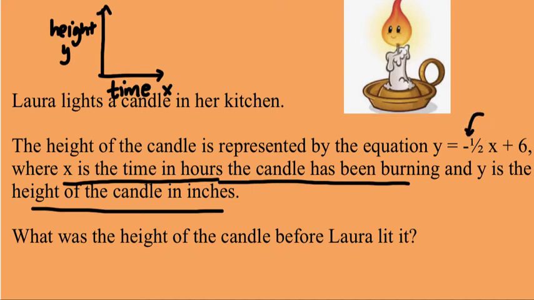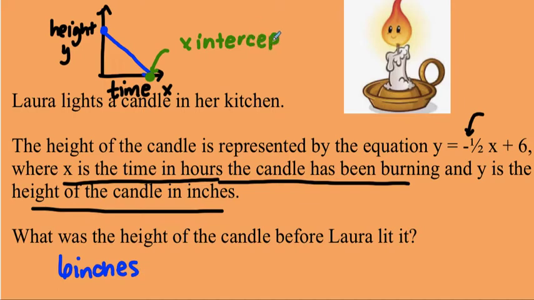So we've got this candle. It starts at some point and it's going down, like this. So what was the height of the candle before she lit it? Well, it would be 6 inches. That's the starting amount. So I want you to think about this very clearly. I want you to think about what the x-intercept would represent in the context of this problem.